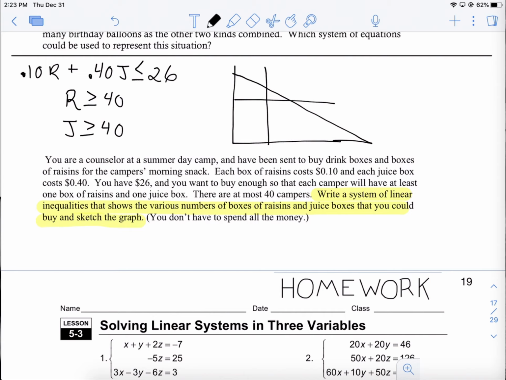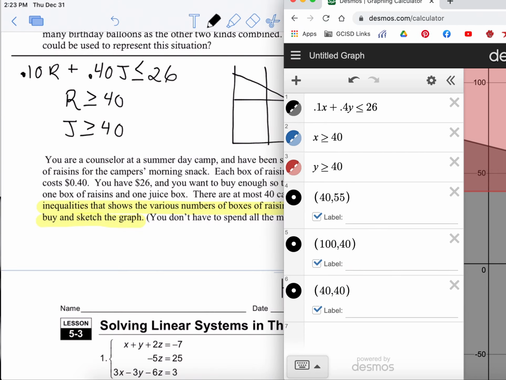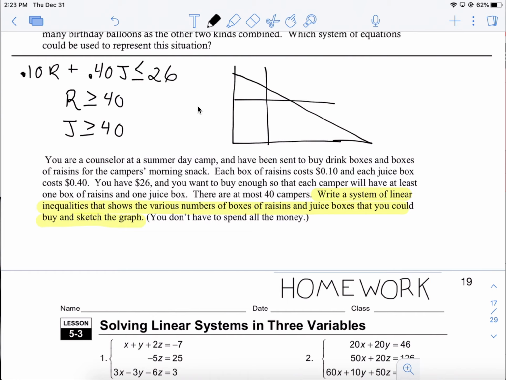We're going to label a couple of points on there. So this point up here is going to be 40, 55. This point is going to be 100, 40. And this point is going to be 40, 40.